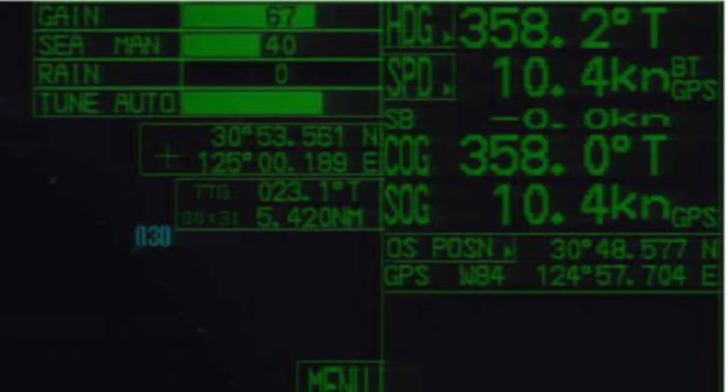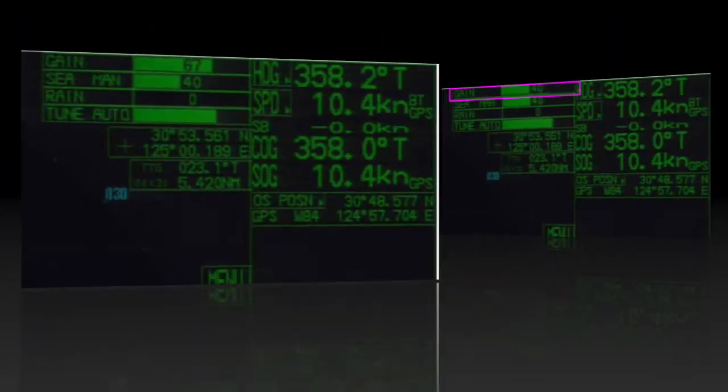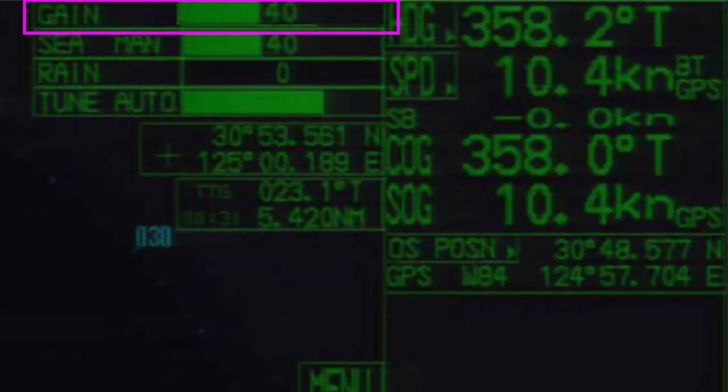And right now we have to use our own judgment with the menu control to switch the gain to the minimum and leave only the stronger targets on the radar screen to verify which is a big vessel and which is a small vessel.